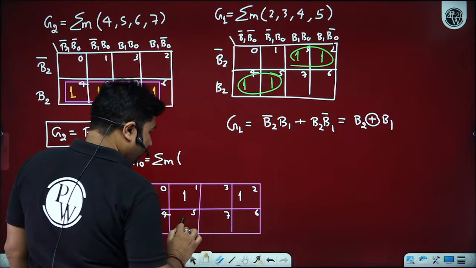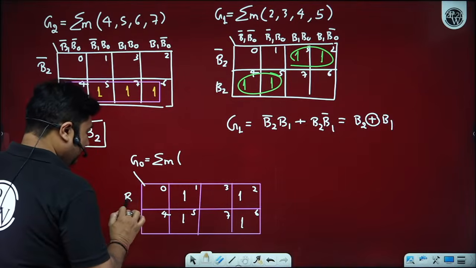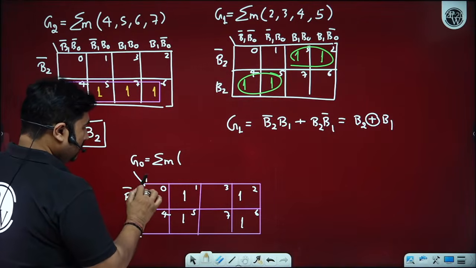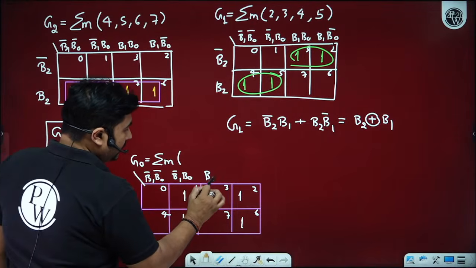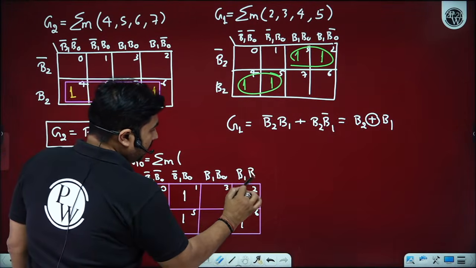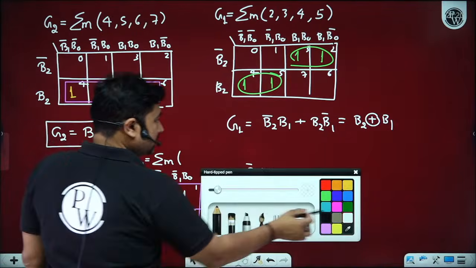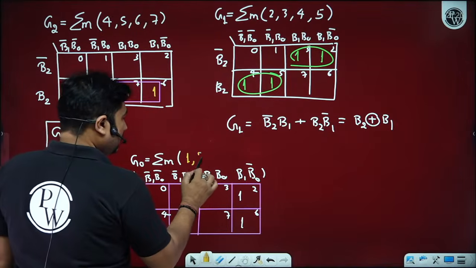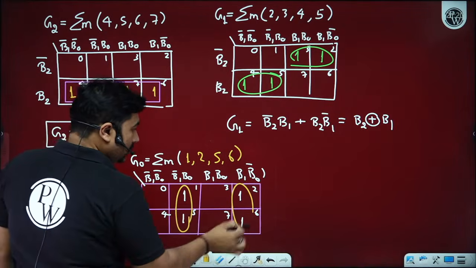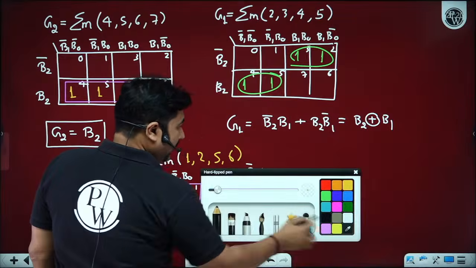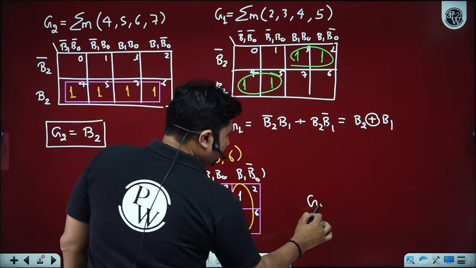We have B2 bar, B2, B1 bar B0 bar, B1 bar B0, B1 B0, B1 B0 bar, where we are getting output logic high, beta ji? 1, 2, 5, 6. So we have two pairs.